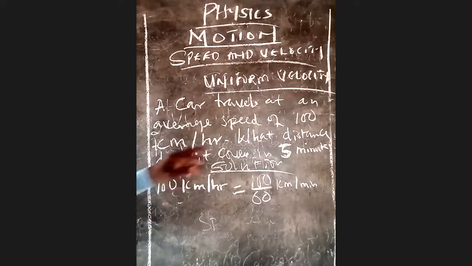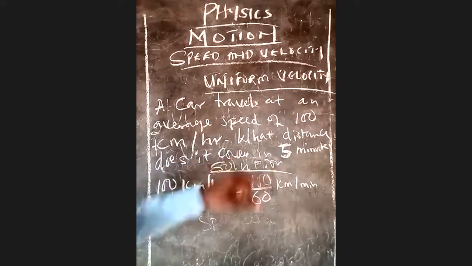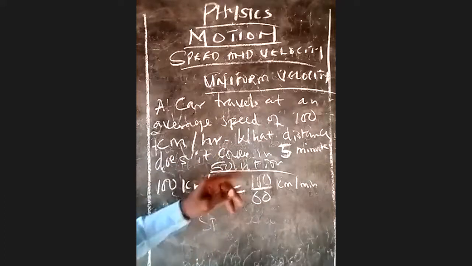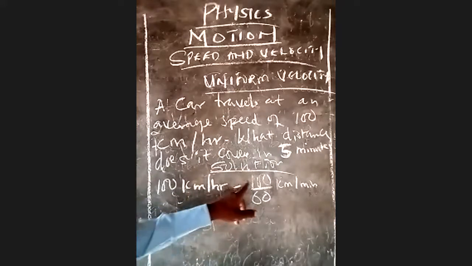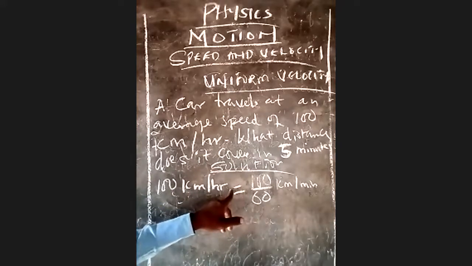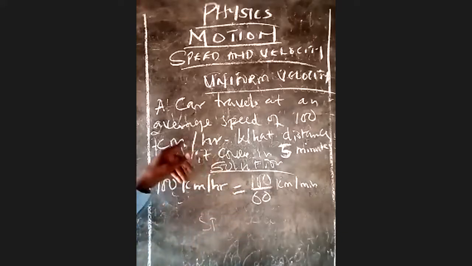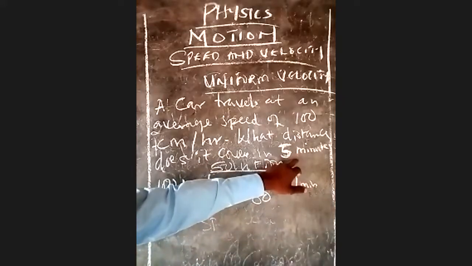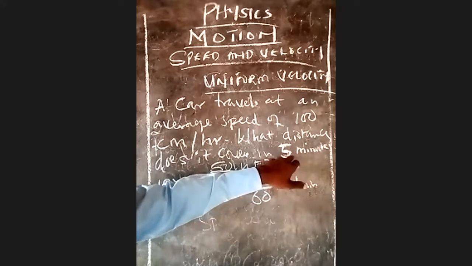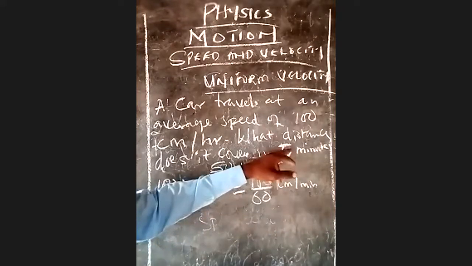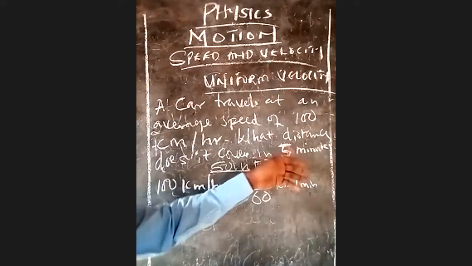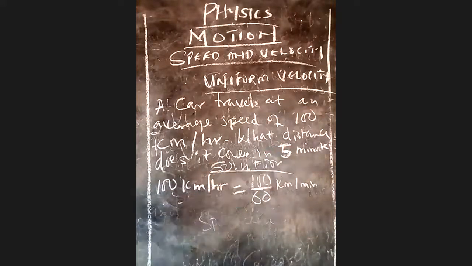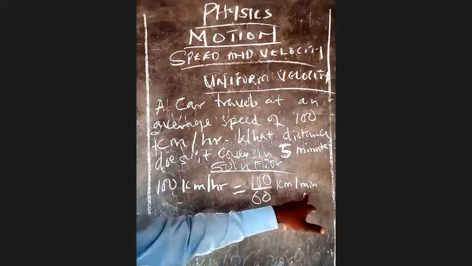Now, what they ask us to find: what distance does it cover in 5 minutes? What I do here is the average kilometer that the car travels per minute. We need to convert this to minutes because we were asked to find the distance that it covers in 5 minutes. If we were asked to find the distance it covers in maybe 5 hours or in 2 hours, there's no need to convert this into kilometer per minute.